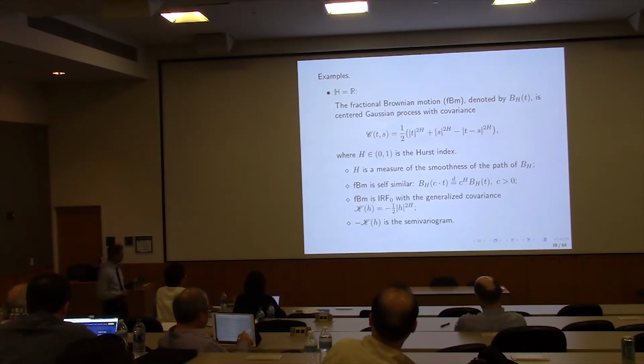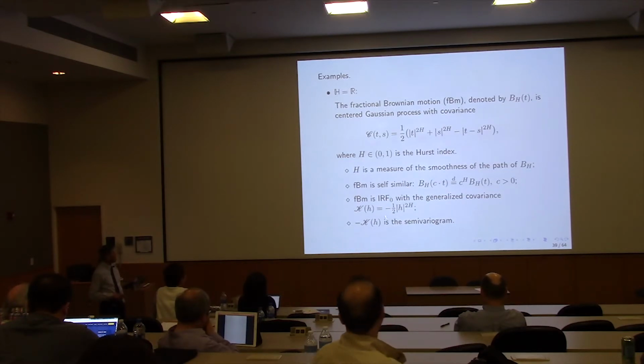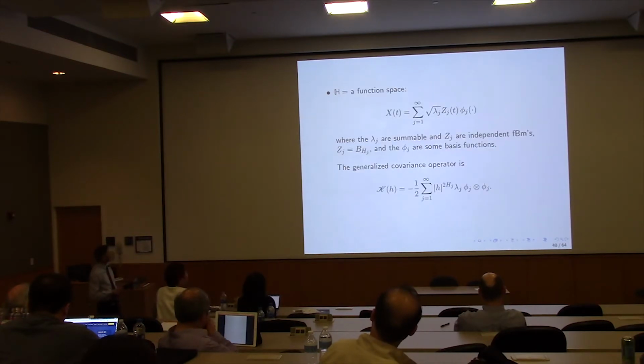It has many appealing properties. It's self-similar, has stationary increments, and so on. So at the end, fractional Brownian motion is actually IRF-0. Generalized covariance is this quantity, which is the minus semi-variogram.